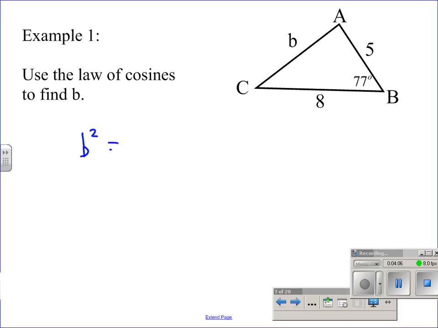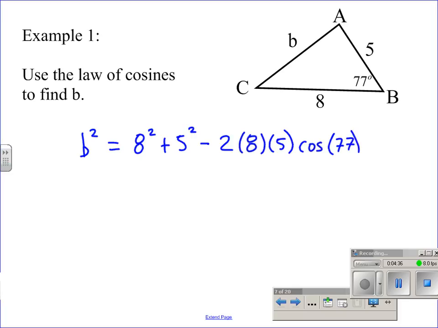So we know that b squared is going to be equal to 8 squared plus 5 squared, the two sides that you do know, minus 2 times each of the sides that you do know, which are 8 and 5, times the cosine of the angle measure that you have, which is your 77-degree angle.